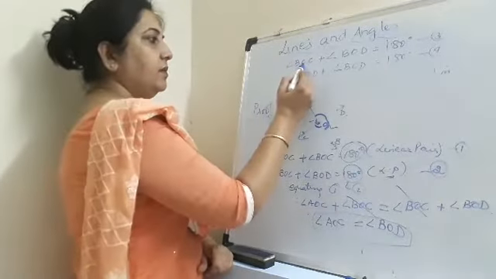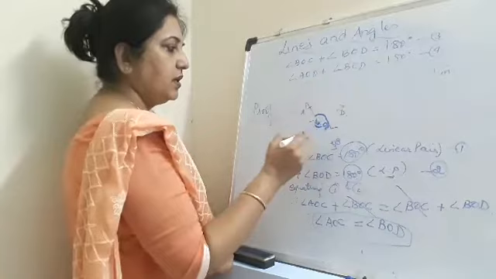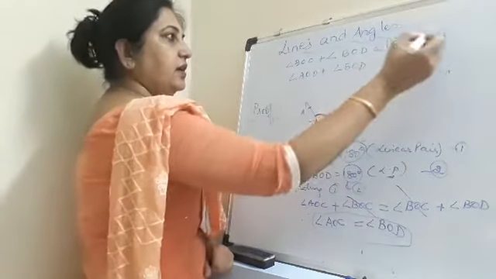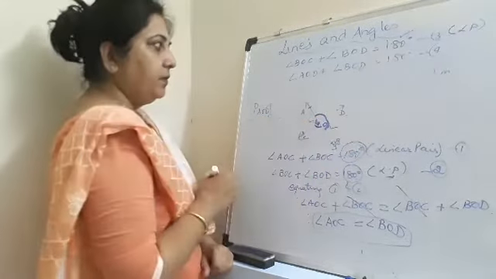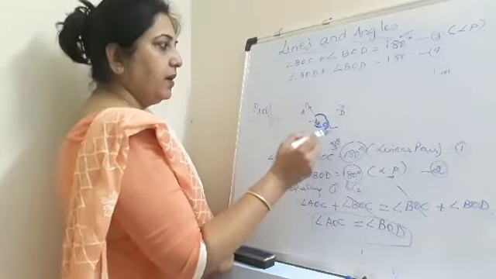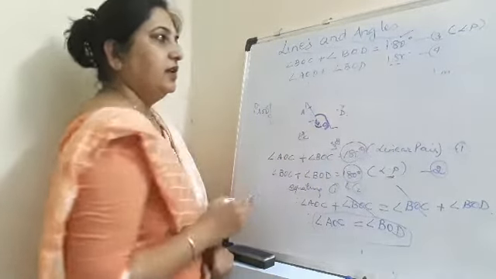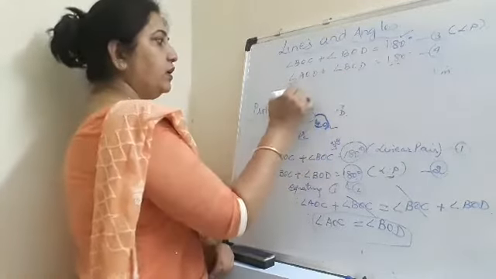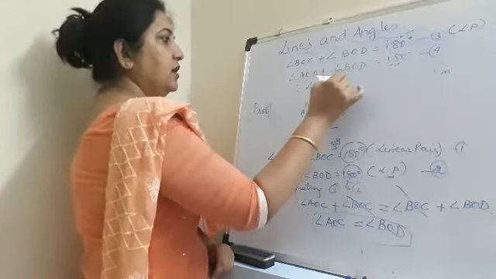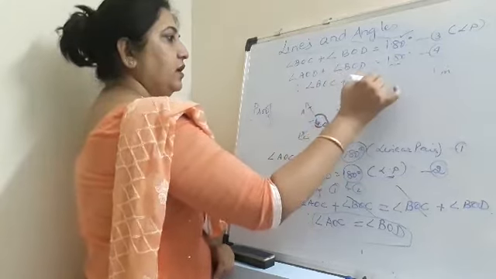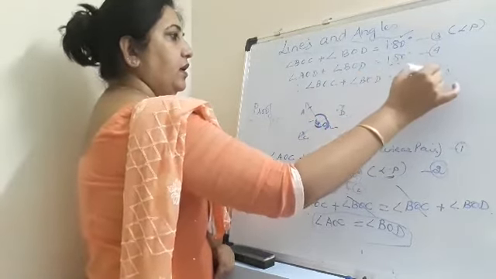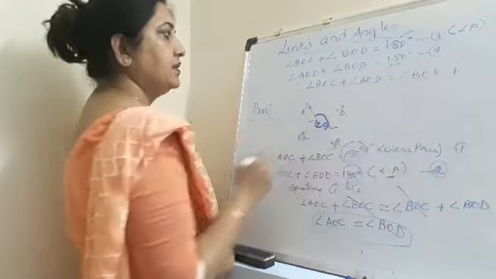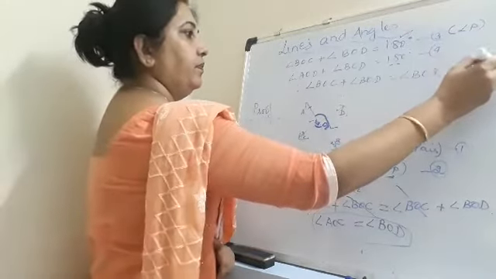Now BOC plus BOD is equal to 180 degree using the linear pair property, and AOD plus BOD is equal to 180 degree, again the linear pair. Now since I told you that the right sides are equal, we can equate. So angle BOC plus angle BOD is equal to angle BOD plus angle AOD, right?